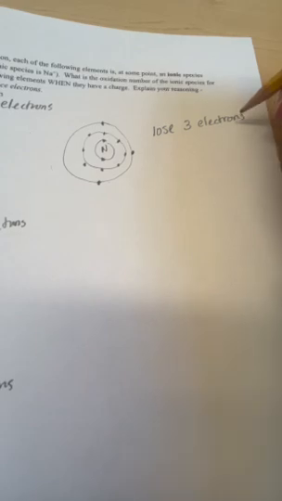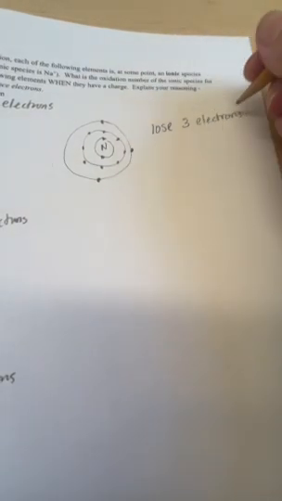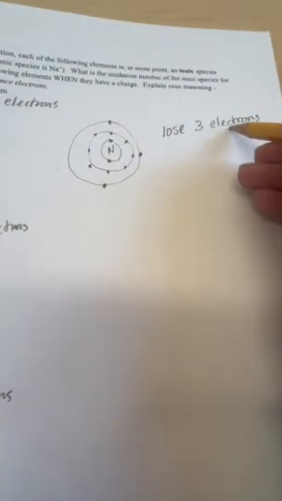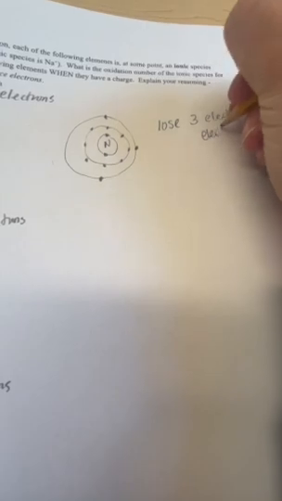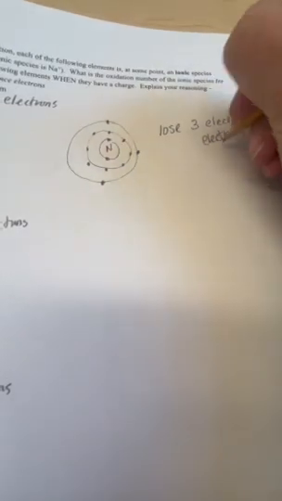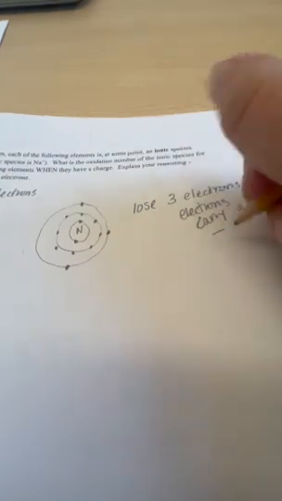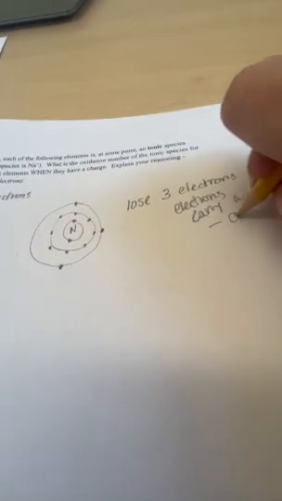When we lose 3, we end up with a positive charge, remember, because electrons carry a negative charge.